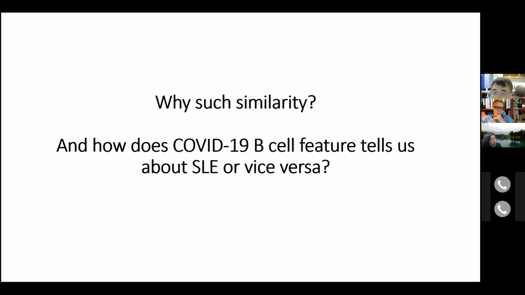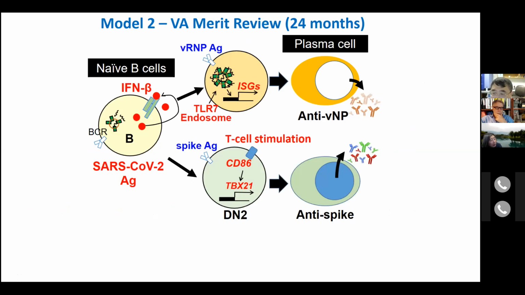So here's the question: with those data in hand, how do we build up a hypothesis based on what we know about lupus? In the second VA grant, in fact, I have to say we struggled, and we finally came up with this model.